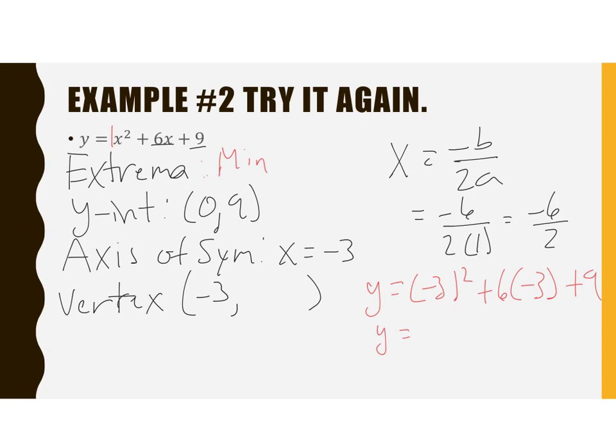Well, negative 3 squared means negative 3 times negative 3, which is going to switch back to a positive 9. 6 times negative 3 is negative 18, plus 9. 9 minus 18 plus 9 gives me a vertex y value of 0.